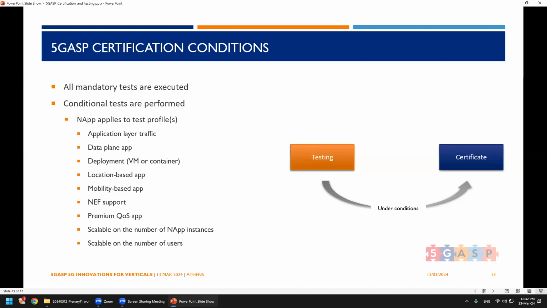So we have introduced several test profiles, and let's go one by one. I mean, they are self-explanatory, but the first one would be the application layer traffic. These are the applications that are relying heavily on application traffic.